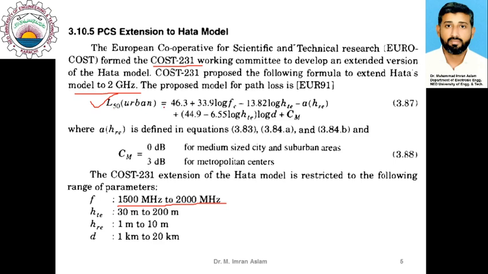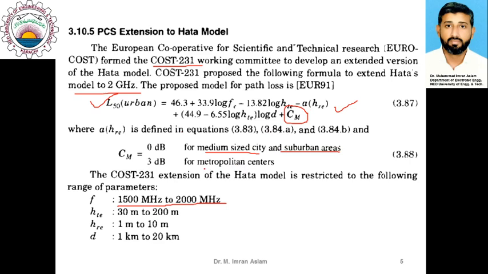L50 urban is given by this formula, and we have an additional correction factor, which is written as CM here. This CM is actually dependent on the type of environment. If you are using a medium sized city or a suburban area, this CM would be 0.